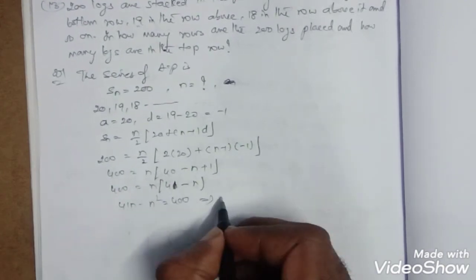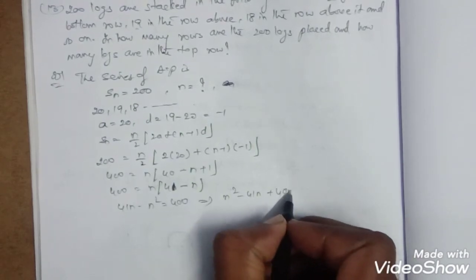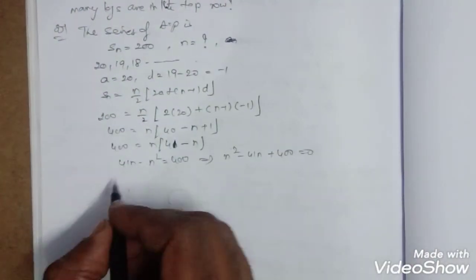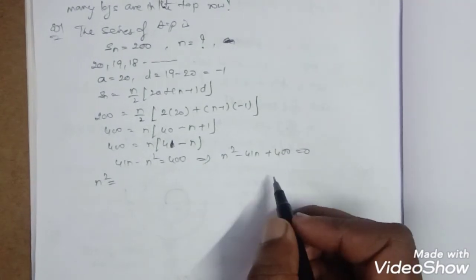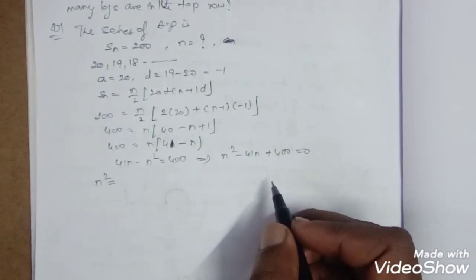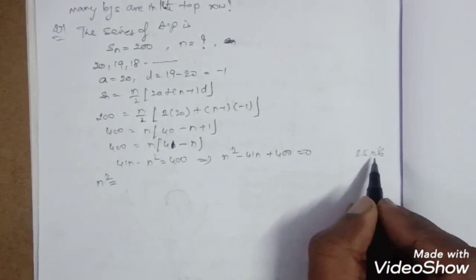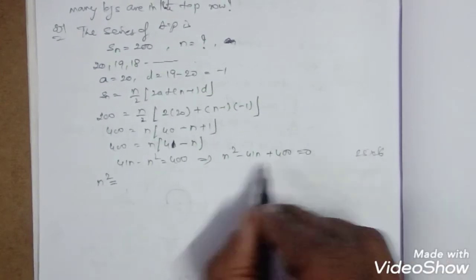Now your equation will become n square minus 41n plus 400 is equal to 0. Now find the factors of this. Now the product is 400. So 400 we can write as 25 into 16, right? Now 25 into 16 you will get 400. Now 25 plus 16 is 41.